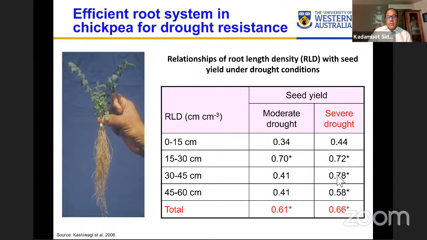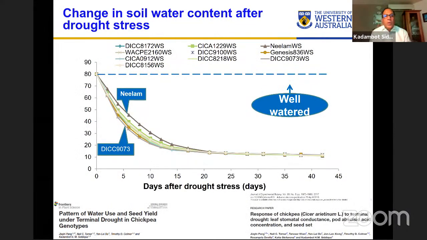From there, what we did was we looked at about 10 genotypes in large containers and looked at the behavior of roots. So we started water stress here. This is well watered, about 80% field capacity. And this is the genotypes' water use.